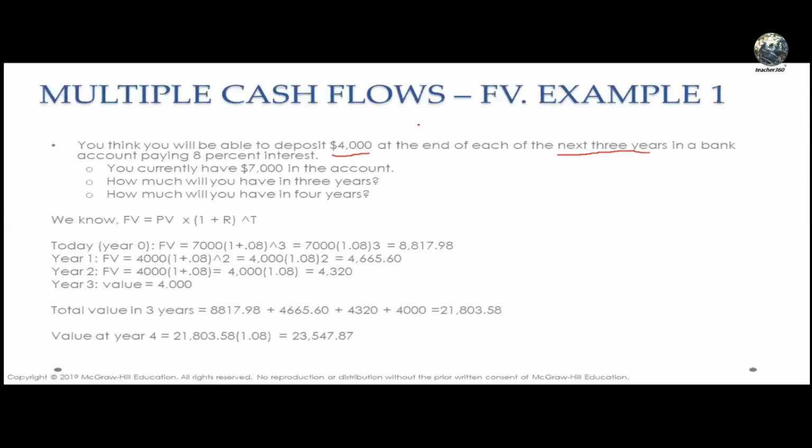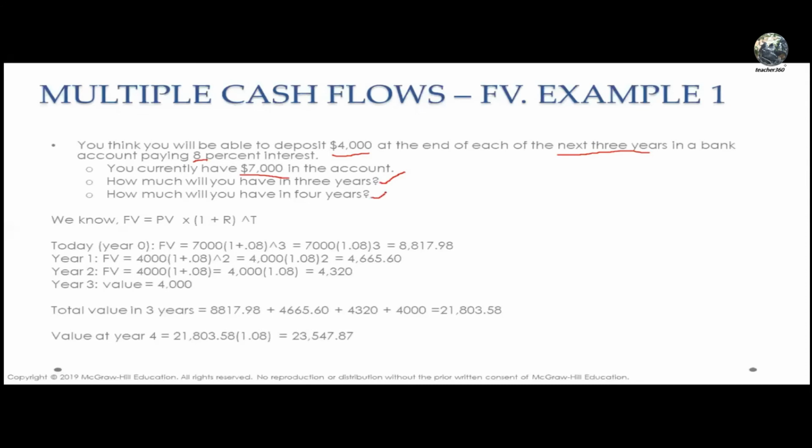First year you will deposit $4,000, second year you will deposit $4,000, and the third year you will deposit $4,000 at the rate of 8% interest. You currently have $7,000 in this account. Now you have to find out how much will you have in 3 years. How much will you have in 4 years?